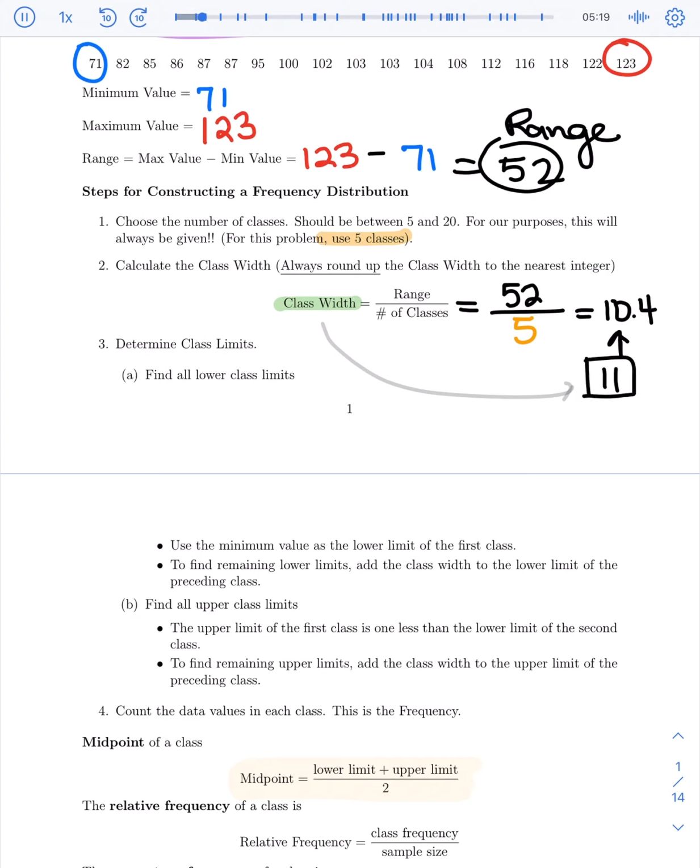And that's our class width. What that means is we want 11 numbers in each of our classes. And that makes sure that each of our classes will have the same size, the same number of numbers, and it will cover all the numbers from 71 all the way to 123. It might go a little bit past 123, but it will cover all of these. Had we only used 10, what would have happened is our classes would have been too short.